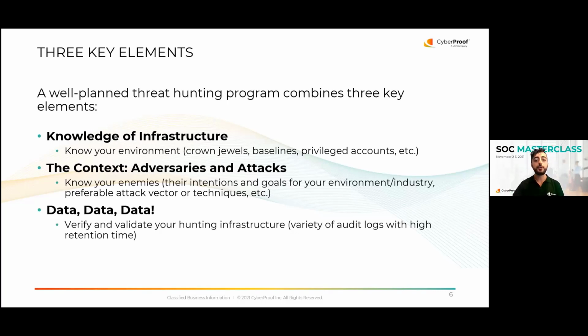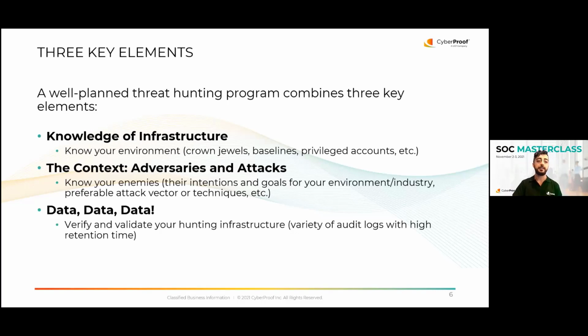We need to understand on the technical level what exactly they are going to do, which techniques they're going to use, in order to realize what forensics evidence we are looking for.